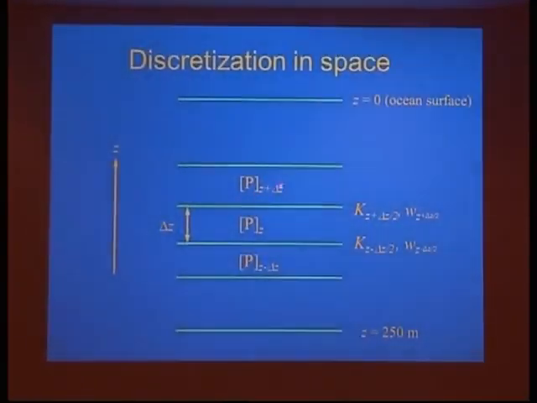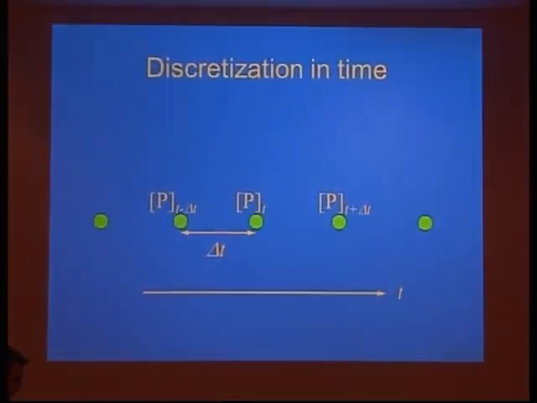This transfer can happen because of advection or mixing. So you need to include these. And also, in order to estimate what's going to happen at later times, you do this discretization in time.